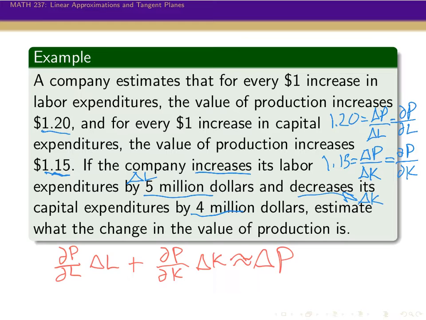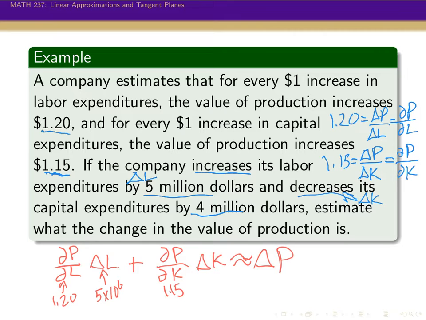And so values going in here, the partial derivative of production per labor, that's $1.20. Change in L, that was 5 million. The partial derivative of production per capital was $1.15.